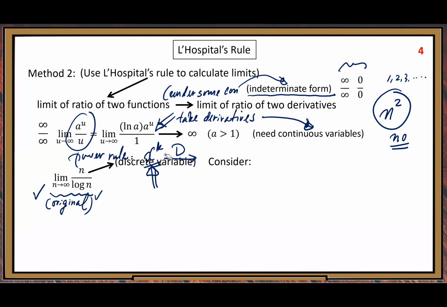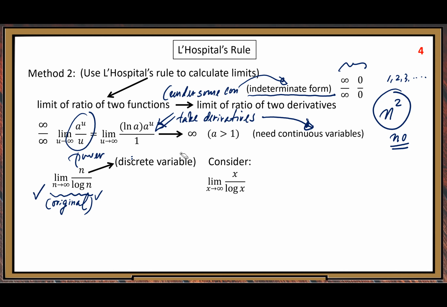So our method is that we consider a different limit, but we change from a discrete variable to a continuous variable.